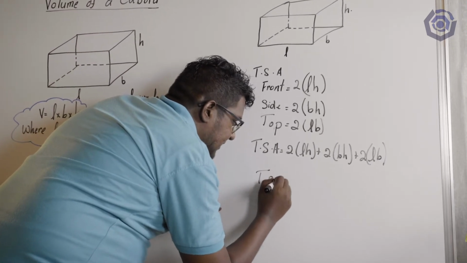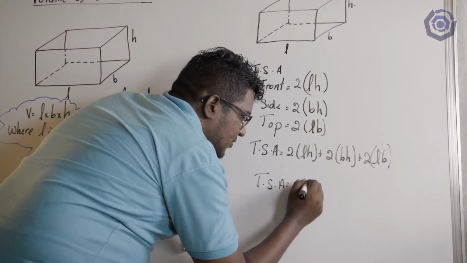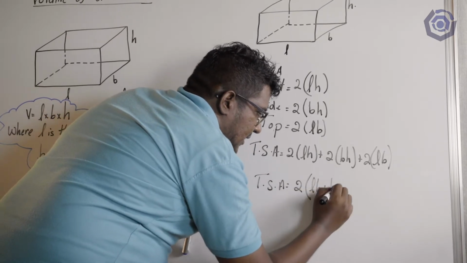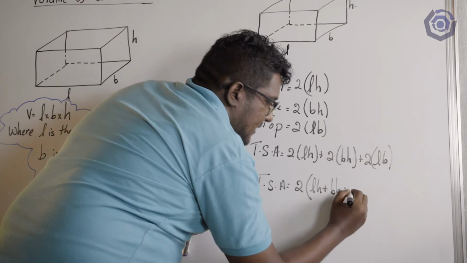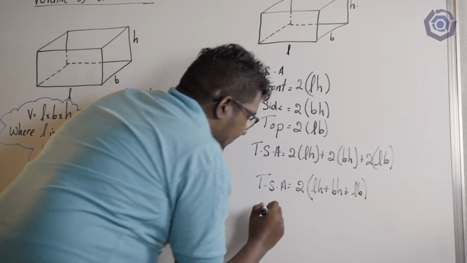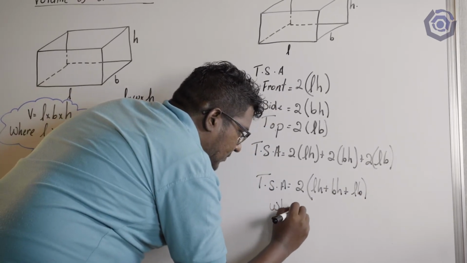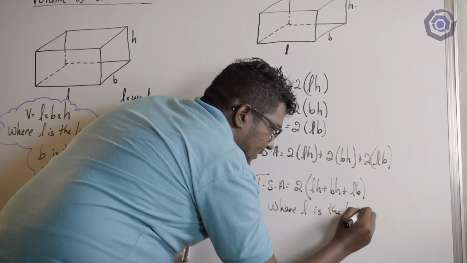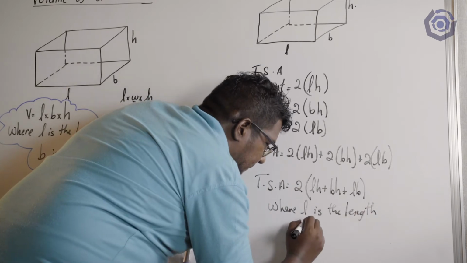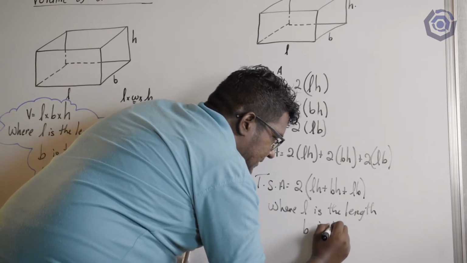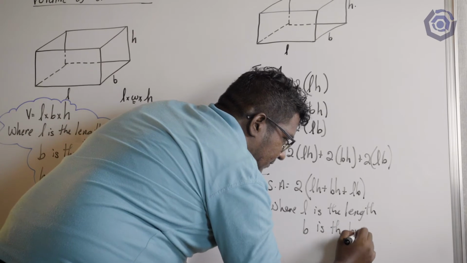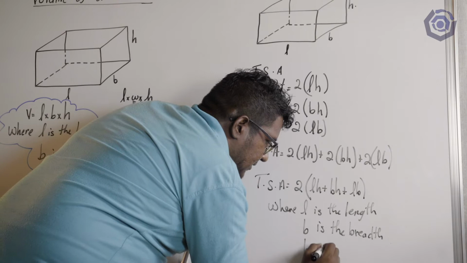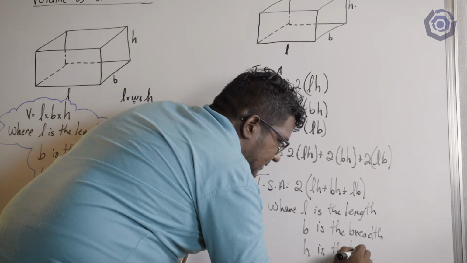So the total surface area formula is 2 into LH plus BH plus LB, where L is the length, B is the breadth, and H is the height.